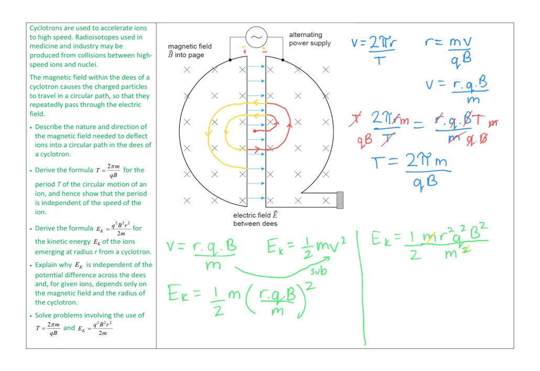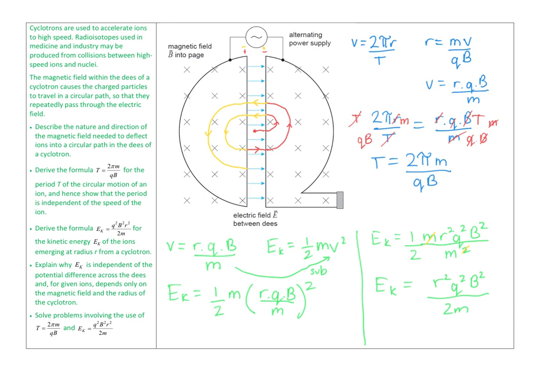And I think that's as far as we can simplify. So we get left with EK equals r squared q squared B squared on 2m. And let me just double check. Okay, I've written that in a slightly different order to how they've got it there, but it is meaning exactly the same thing. So that's how we do those derivations related to the cyclotrons.